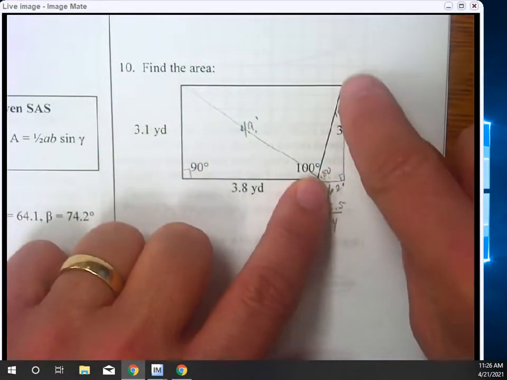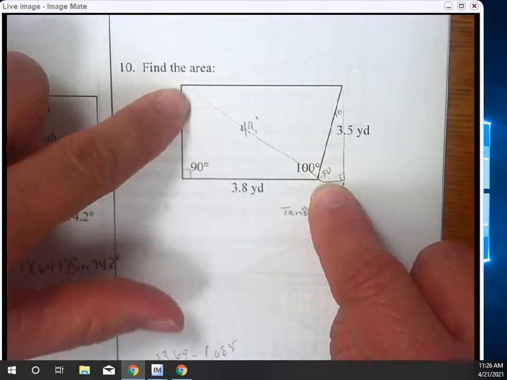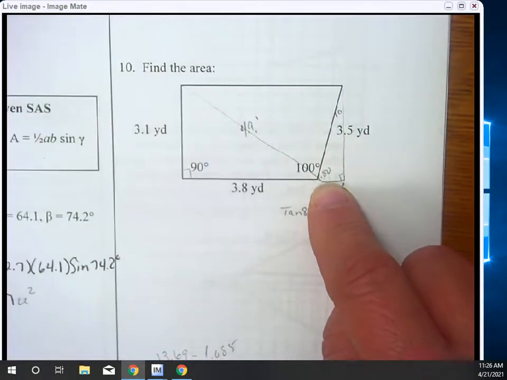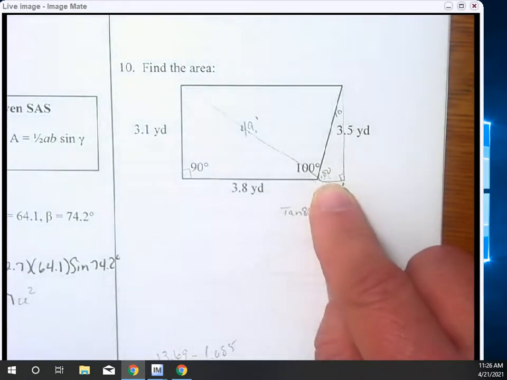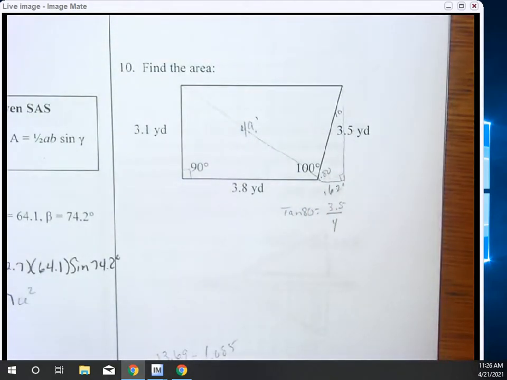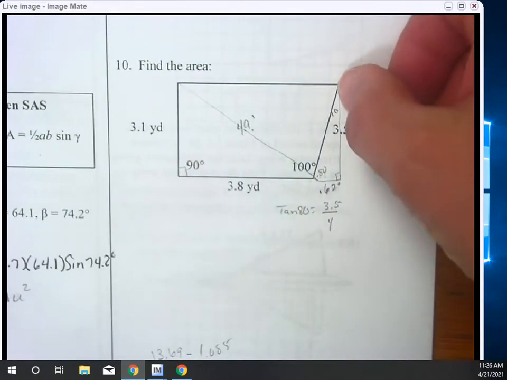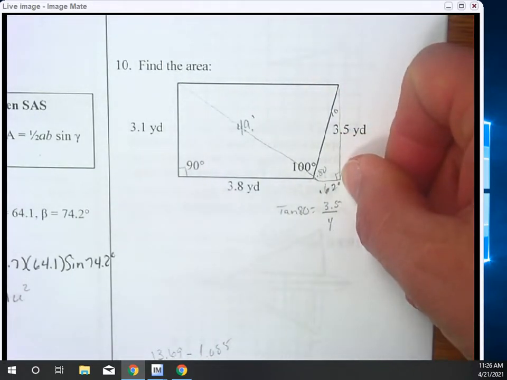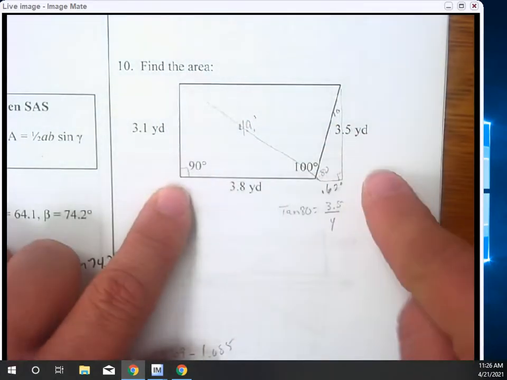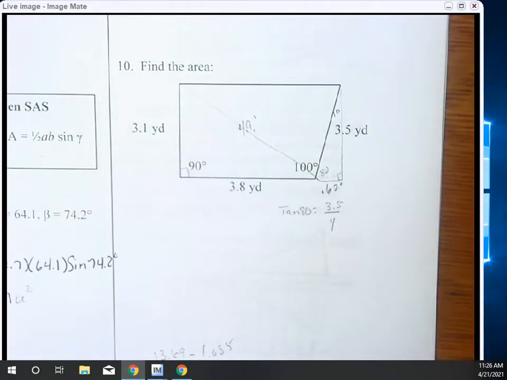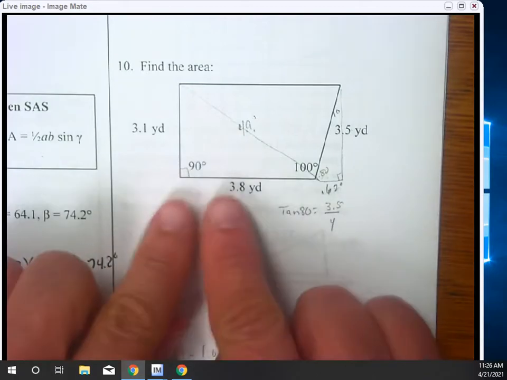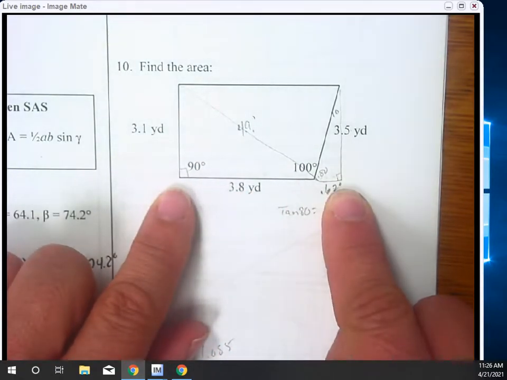We have this side, and then we're going to have to do some trig to figure that out. When I look at that and I need to find the area of this figure, I drop down the perpendicular and make this a rectangle, which means I need this entire length.